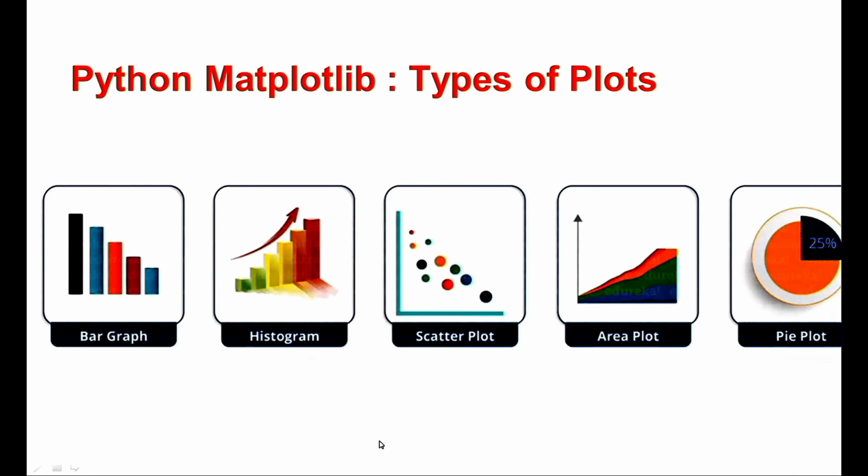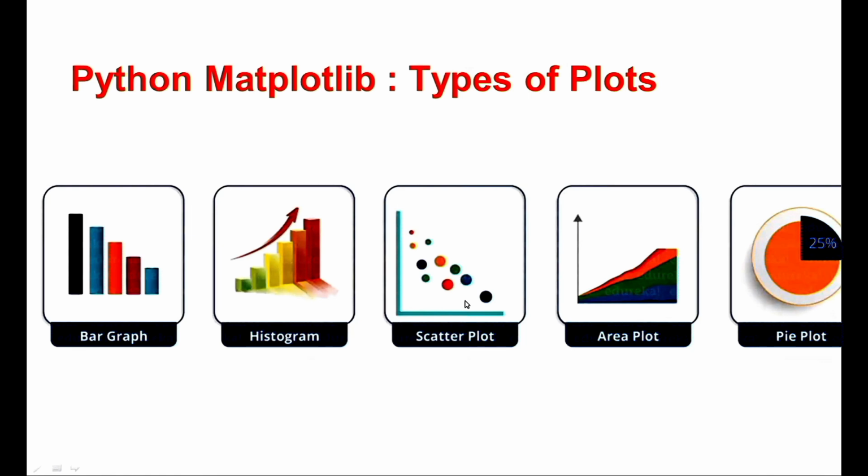Next one is a histogram. A histogram tells the intensity value, how intensified that particular value is, right? As you can see over here, the histogram graph is shown, and this is a bar graph. Next is the scatter plot graph.